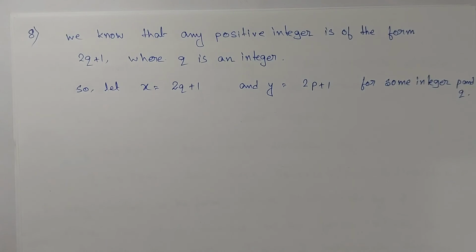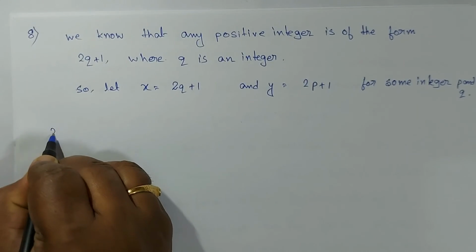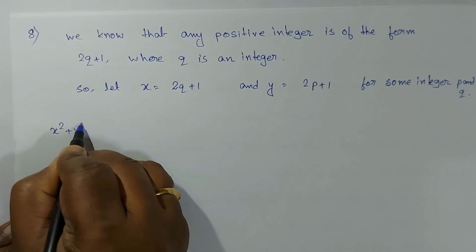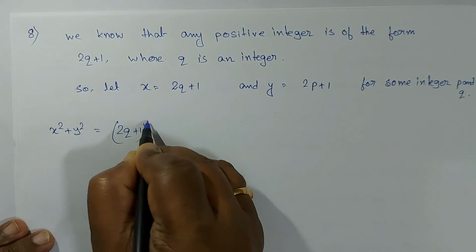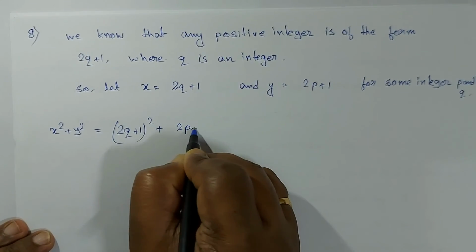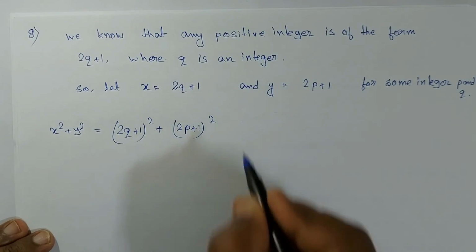Okay, now we have x square plus y square, which is equal to 2q plus 1 whole square plus 2p plus 1 whole square.